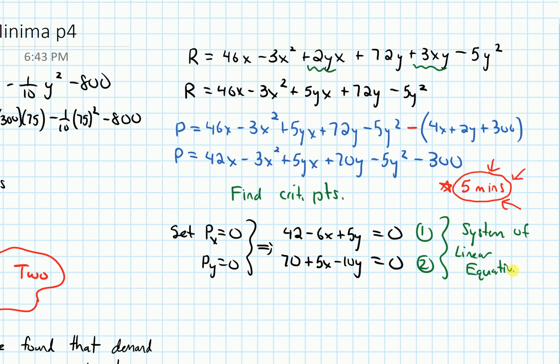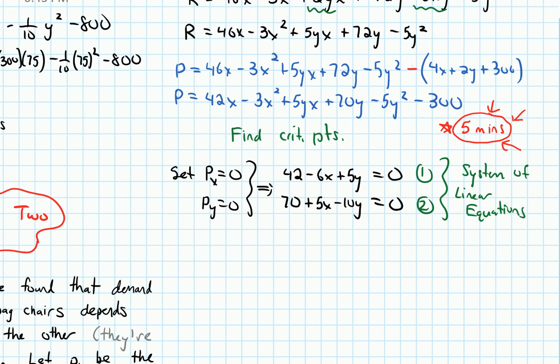So just like in our last example, we can use elimination to solve this. I am going to take my first equation, and I notice that if I multiply by 2, the 5y will become 10y, and that will cancel really nicely with the minus 10y from the second equation.